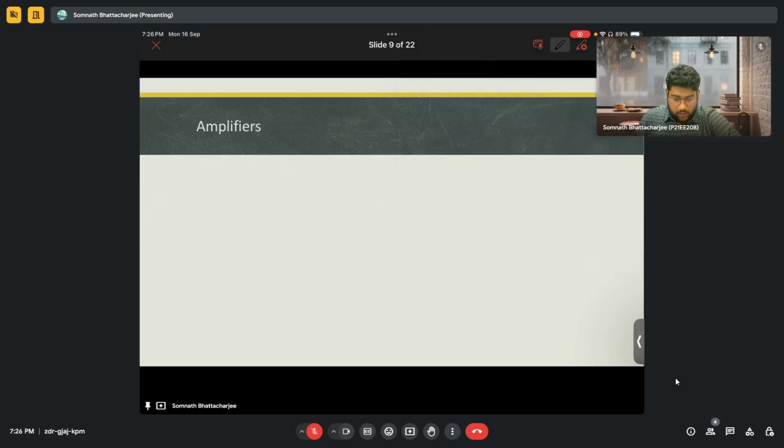Okay, so now we'll work with the adder or summing circuit. In a similar manner to the non-inverting circuit, we'll put several resistors like this.